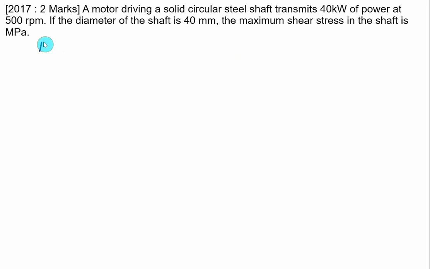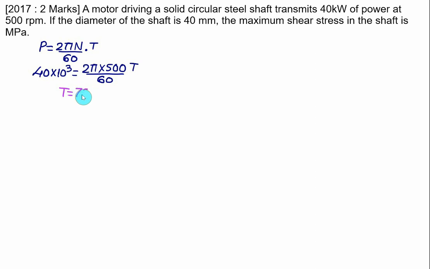So we have power equal to 2 pi multiplied by N divided by 60 multiplied by torque T. We have power equal to 40 kilowatt, that is 10 to the power 3, equal to 2 pi into rotational speed N equal to 500 divided by 60 multiplied by torque T. So torque will be equal to 763, or almost 764 Newton meter.